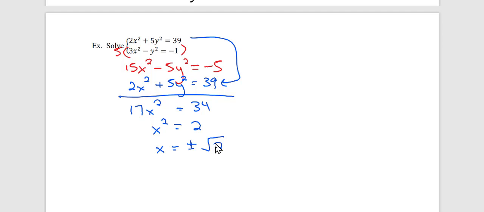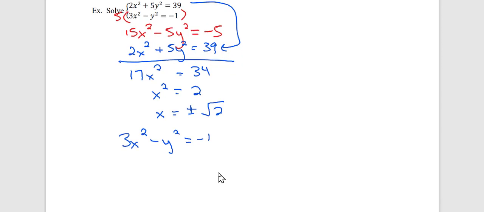I can pick either equation to find the y. I'll probably pick this one, 3x squared minus y squared equals -1, just because the numbers are a little smaller, but it doesn't really matter.